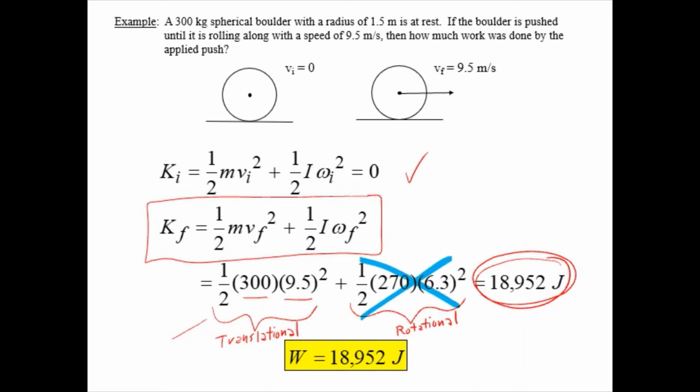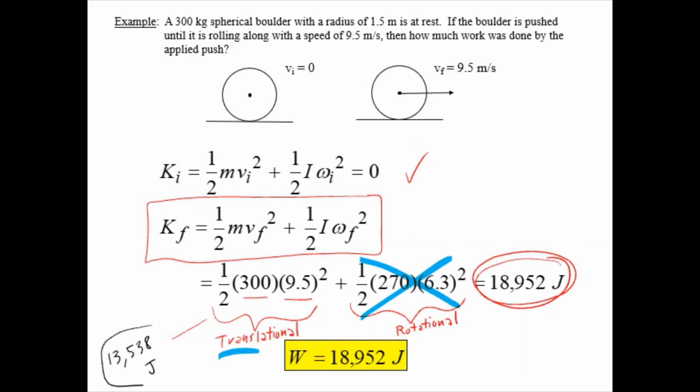Kind of like what we were doing earlier in the semester. If I just calculate the translational kinetic energy here, that would be 9.5 squared times 300, divided by 2. I'm getting an answer here for the translational energy of only about 13,538 joules.